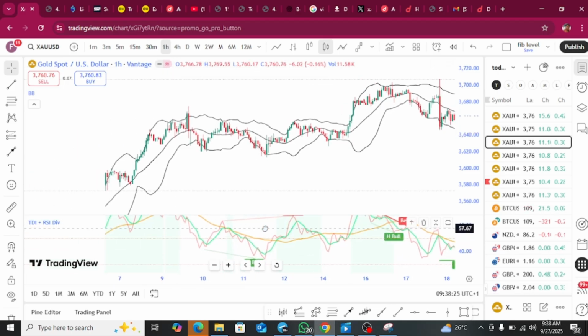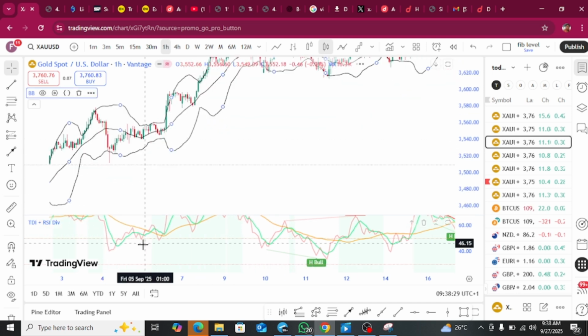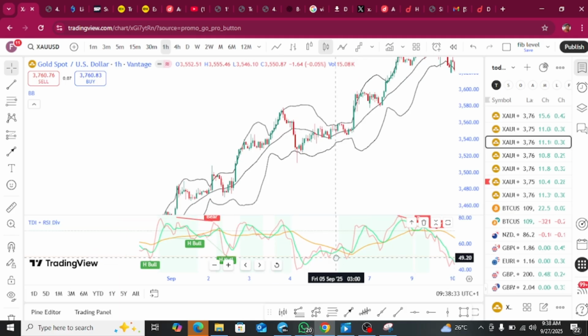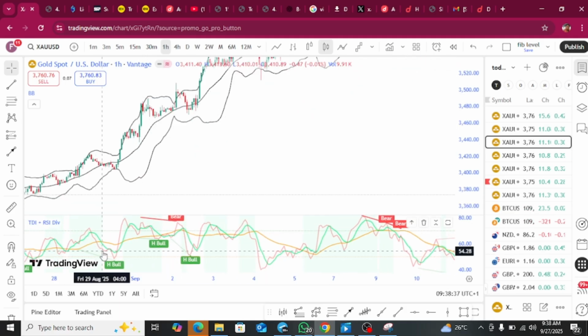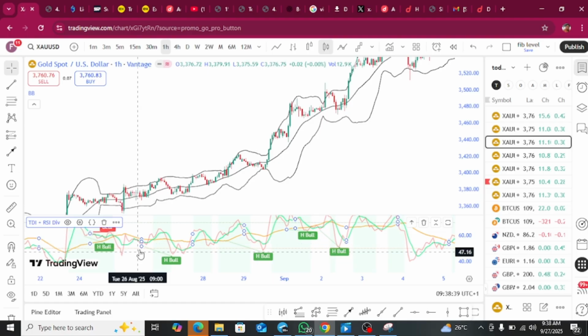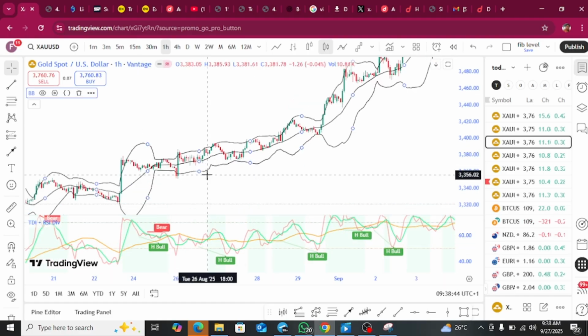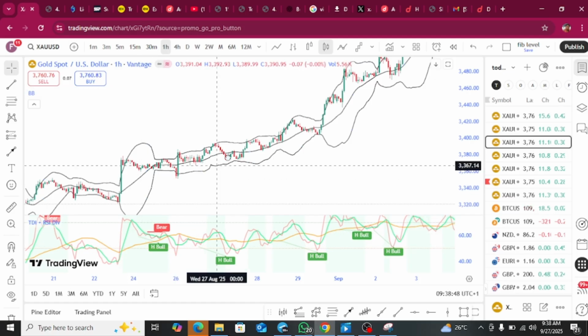I'm looking for a perfect one to show you guys. All the ones showing here are just hidden, because hidden means price is going to continue going up. The hidden is for continuation, while the proper divergence is for reversal.